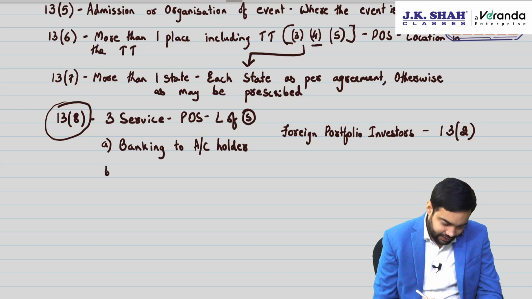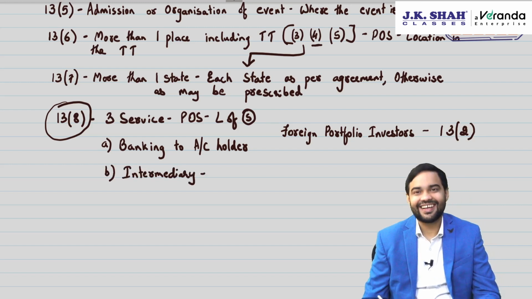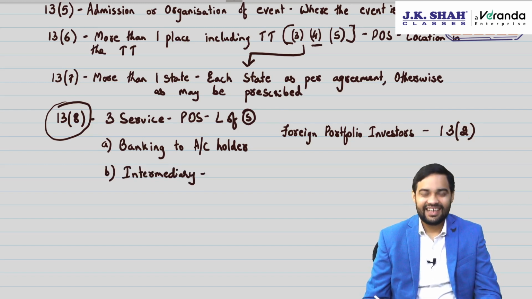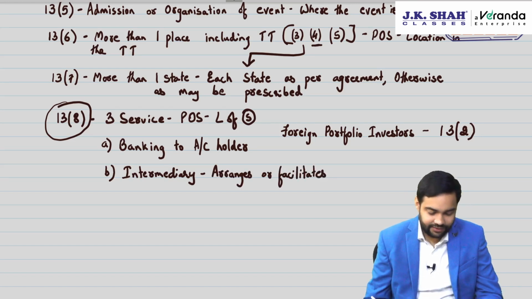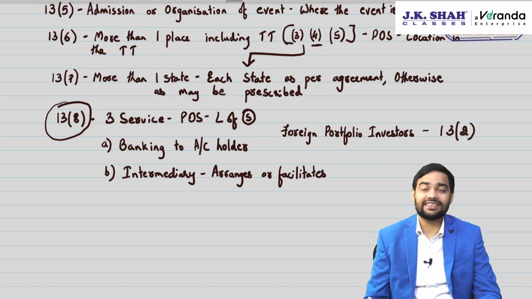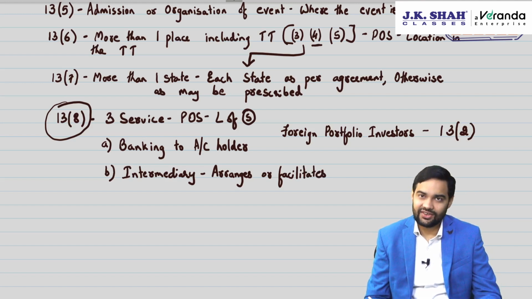Then the department's favorite area, intermediary. For the department, everyone is an intermediary. But see, intermediary is a person who arranges or facilitates a transaction involving supply of goods, services or securities.